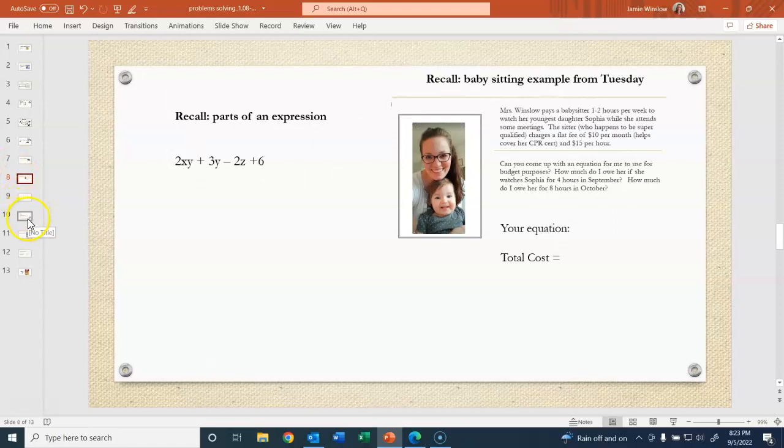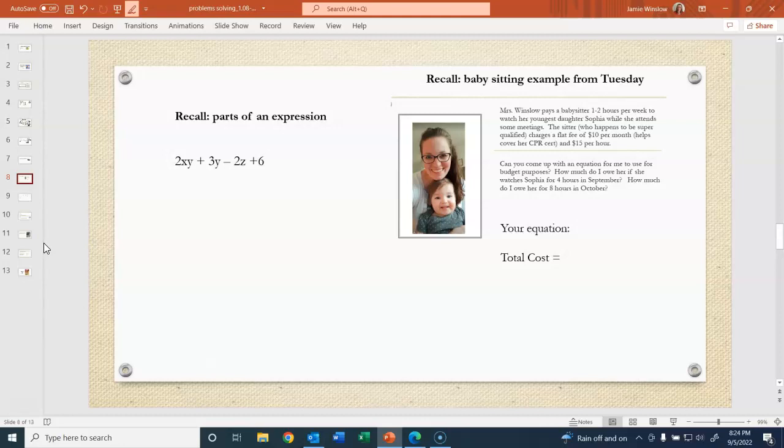So remember this example that we shared in our PlayPosit? It says Miss Winslow pays a babysitter 1 to 2 hours per week to watch her youngest daughter, Sophia, while she attends some meetings. The sitter, who is super qualified, charges a flat fee of $10 per month to help cover her CPR certification and $15 an hour.